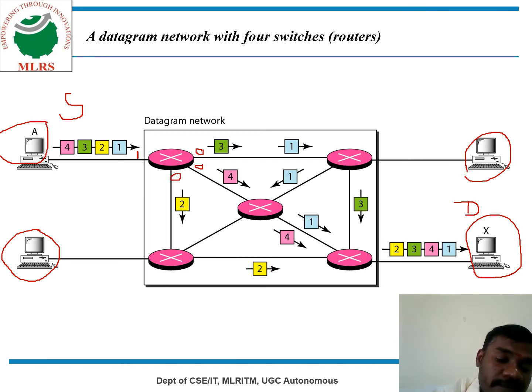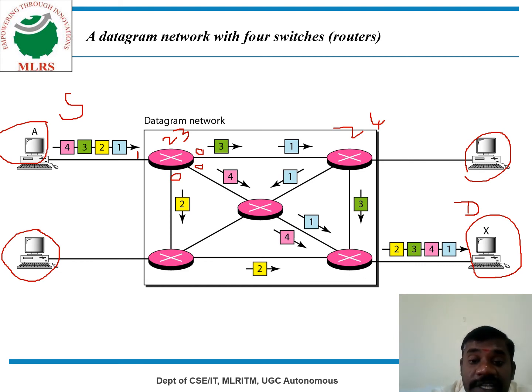Assume every link is connected to a port. This is the incoming port, and these are the outgoing ports. Each and every port must have some kind of number. Assume this switch's ID is 23, then 24, 25, 26, 27.